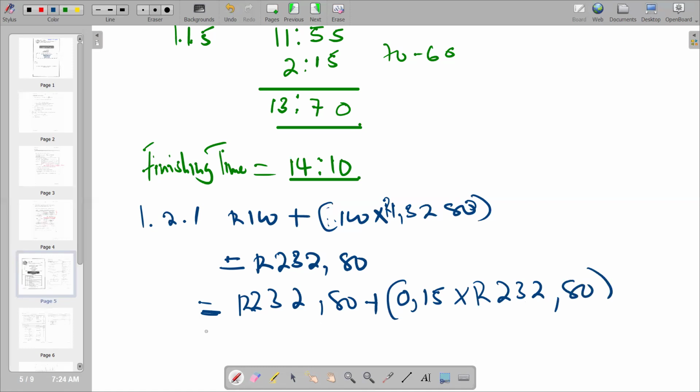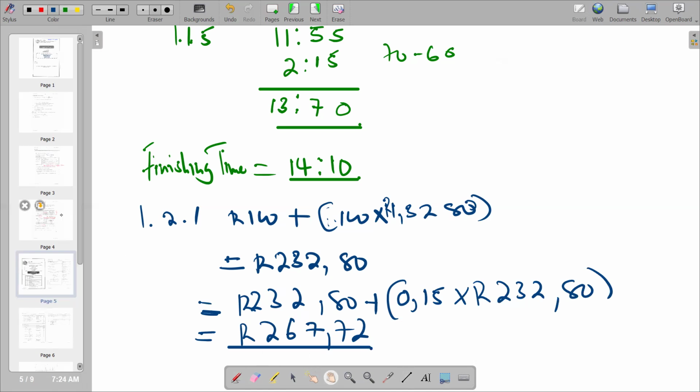So basically that's what we have. If you simplify it further, you are going to see that the total amount becomes 267 rands 72 cents. Obviously, this is to two decimal places. So basically, this is the total, including VAT.